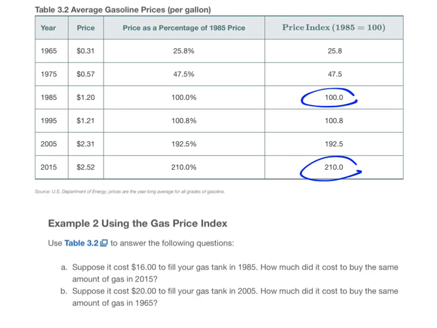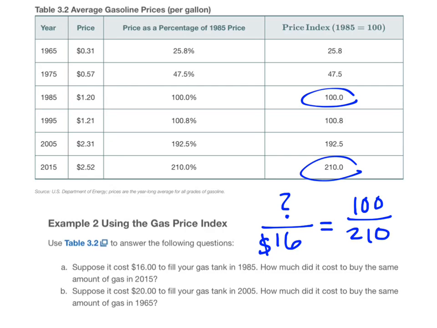So let's compare the cost of gas in 2015 to the cost of gas in 1985, and then we'll compare the two price index numbers. The 1985 number is 100, and the 2015 number is 210.